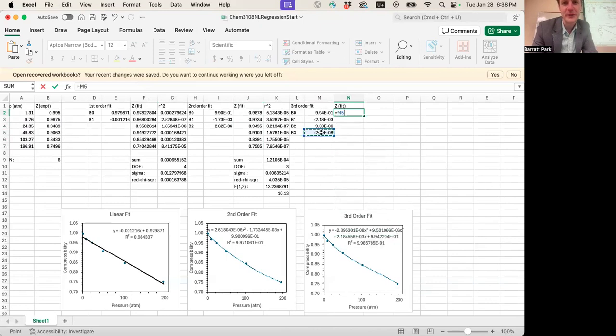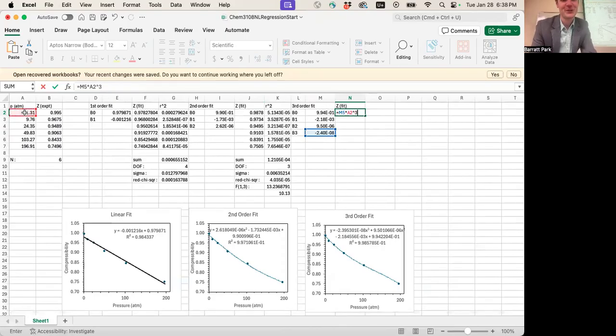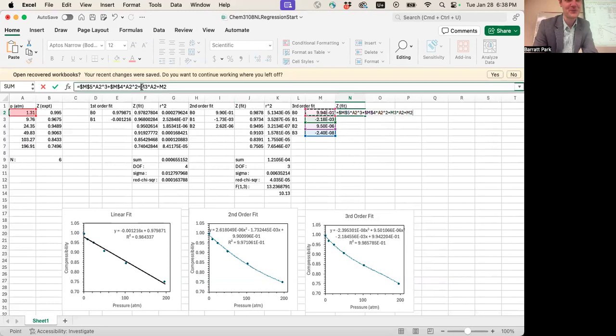We need the B3 coefficient times the pressure cubed plus the B2 coefficient, and I'll make the references to the coefficients static references, times the pressure squared plus the B1 coefficient times the pressure to the first power plus the B0 coefficient.